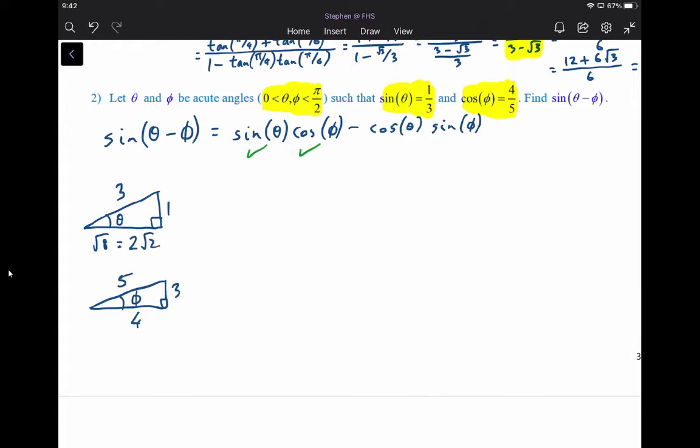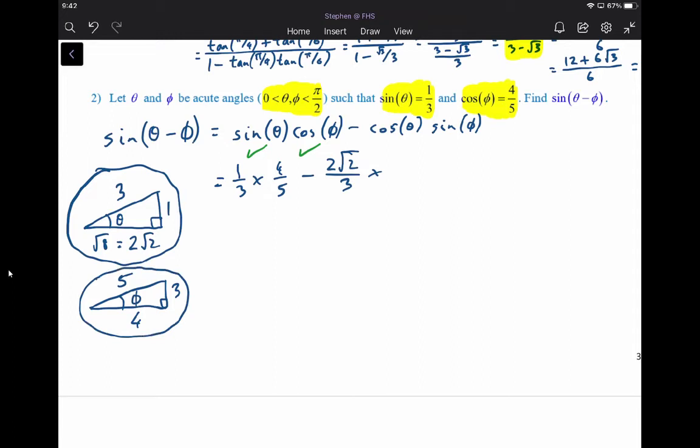So what we can say now is sine theta, well, that's just 1/3, times cos of phi, that's 4/5, minus cos theta. So now you're looking at this triangle right here. Cos of theta is adjacent over hypotenuse, so that's 2 root 2 over 3, multiplied by sine of phi. Let's look at this triangle down here. Sine is opposite over hypotenuse, which is 3 on 5.